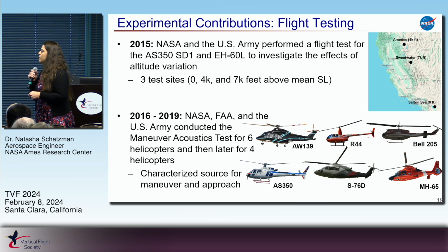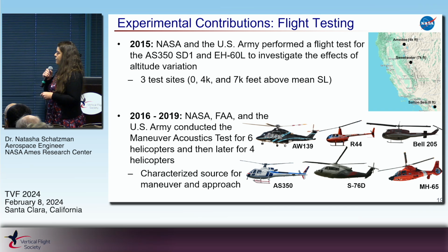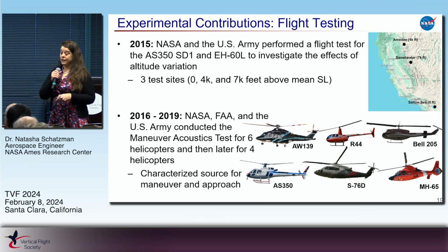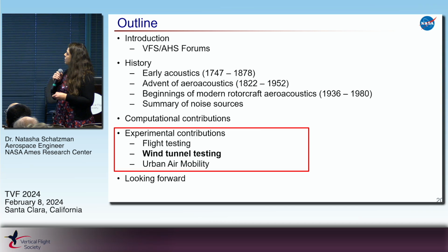Now, in 2016 to 2019, a large effort by NASA, the FAA, and the U.S. Army conducted the maneuver acoustics test, first for 6 helicopters, and then later for 4 helicopters. I just put a couple of the ones out here, but there was a total of 10 during that time. They characterized the source for maneuver and approach.